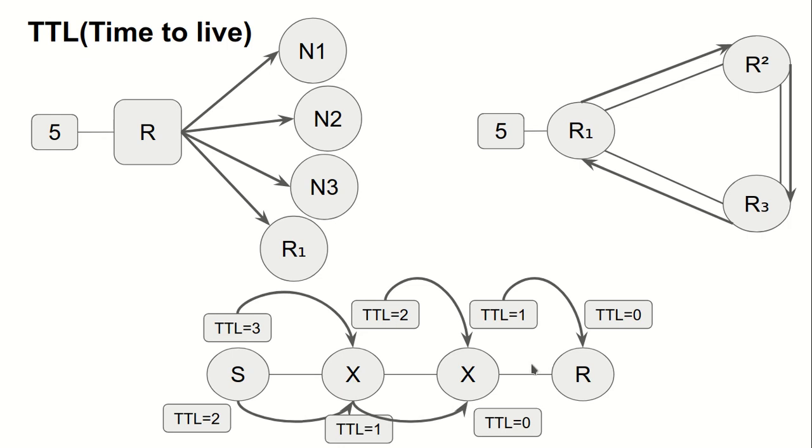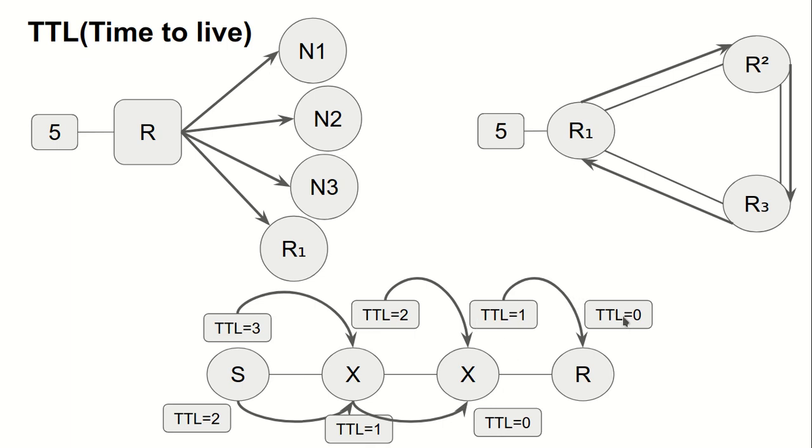Because the data has not reached the receiver, the TTL is equal to 0. Now the packet will get discarded here. It will not reach the receiver, so the packet is discarded here.